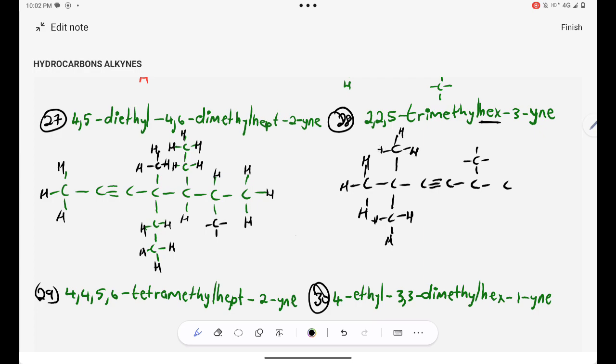This will be the structure of 2,2,5-trimethylhex-3-yne. Your structure would be like this.